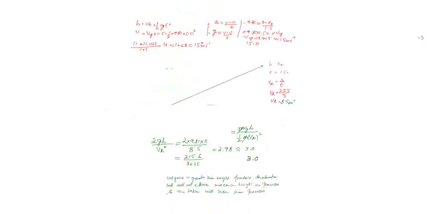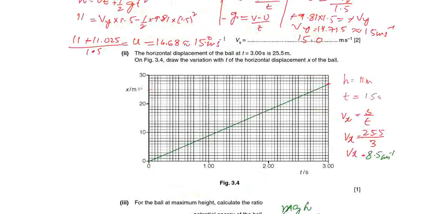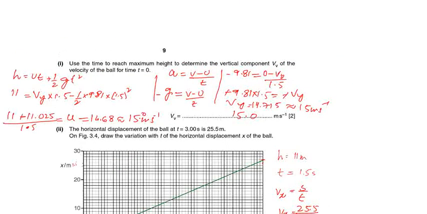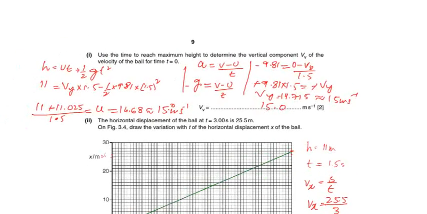Now use the time to reach the maximum height to determine the vertical component Vy of the velocity of the ball at time t equals 0. Now we have two equations to solve that.